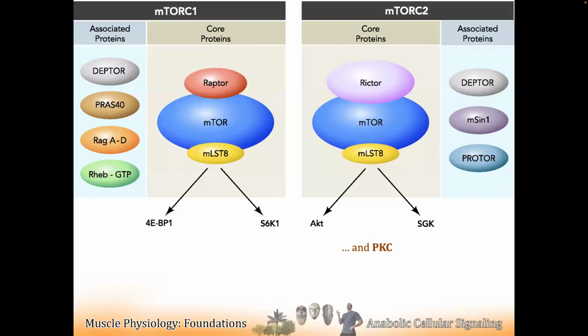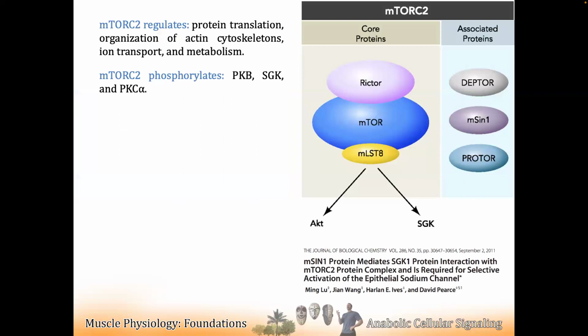So looking a little bit closer at these functions, we'll just get through complex 2 in some detail, even though it's deeper detail than you'll be held accountable for. We've talked a fair amount about PKB, and a lot of its roles. We just finished barely covering SGK and PKC, ions and cell volume control, epithelial stuff, roles in liver function, cardiac function, beyond the scope of this class.